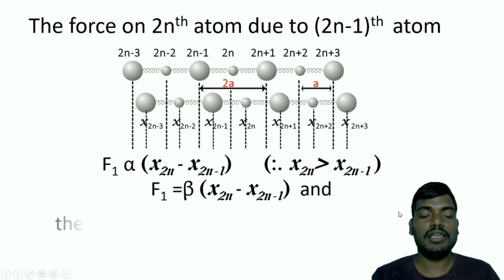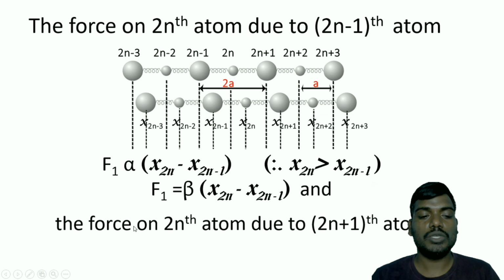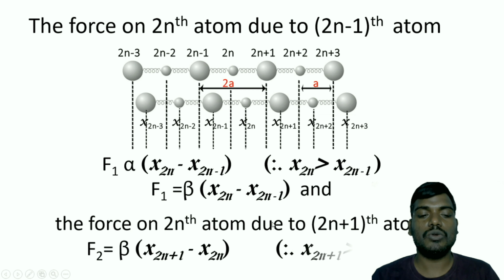Similarly, the force on the 2nth atom due to the 2n plus 1th atom is F2, equal to beta into x2n plus 1 minus x2n, because x2n plus 1 is greater than x2n.